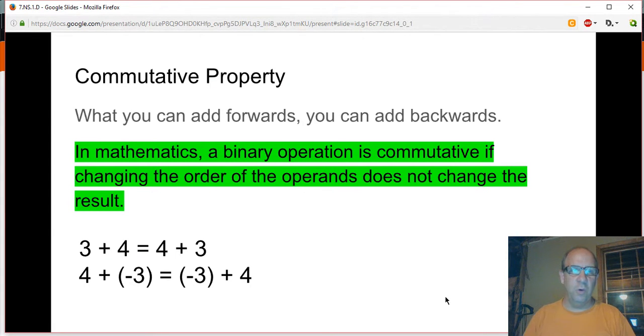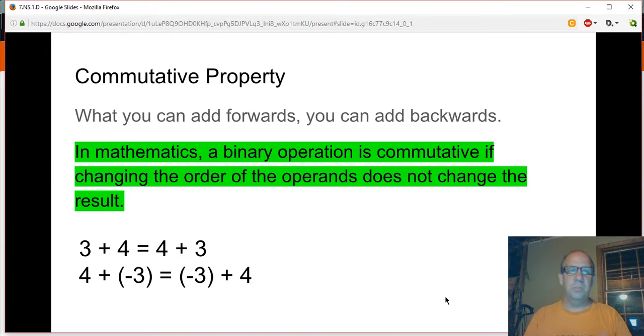It doesn't matter with 4 minus 3, but what if I was doing 25 minus 65? Then I could say 25 plus a negative 65 is the same as negative 65 plus 25. And then I could subtract 65 minus 25 and get 40, and then make that a negative because it was a negative 65.